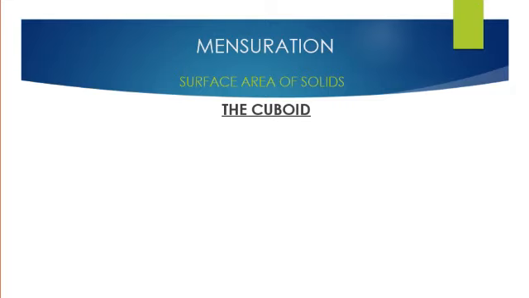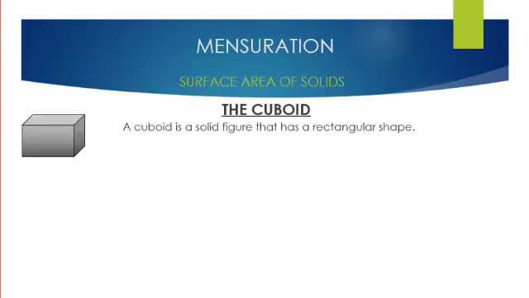The cuboid comes from a rectangle, so it's rectangular in shape. For the cube, we say that it comes from a square, so it's square-like in shape. So all its sides have got the same length. Now, that's not the case for the cuboid.